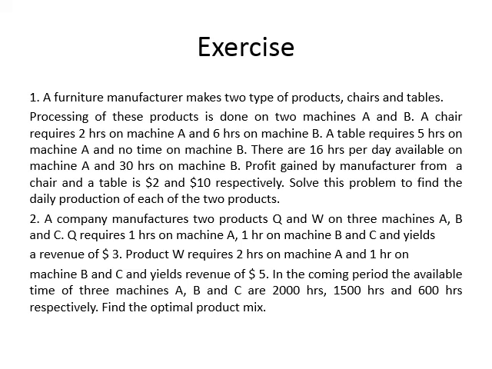Product W requires 2 hours on machine A and 1 hour on machines B and C, and yields revenue of $5. In the coming period, the available times of the 3 machines A, B and C are 2000, 1500 and 600 hours respectively. Try to find the optimal product mix which maximizes profit.